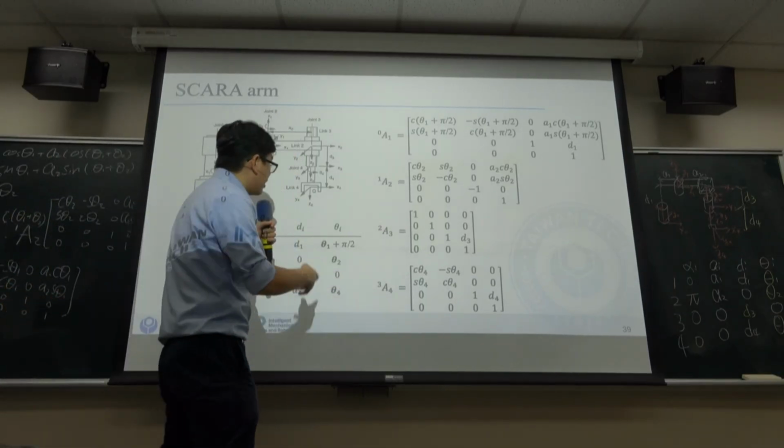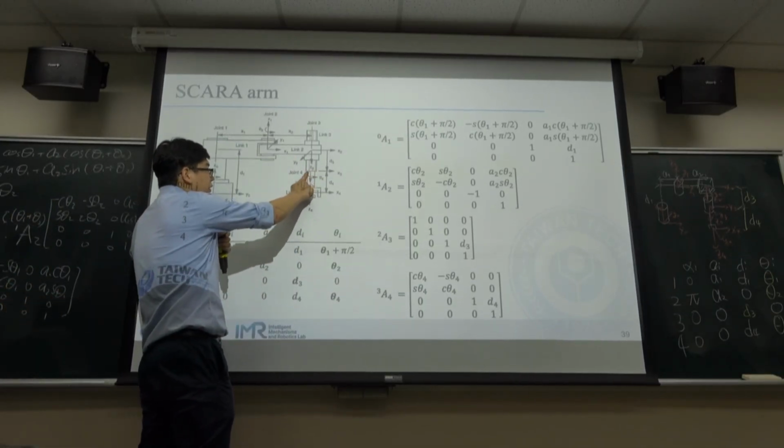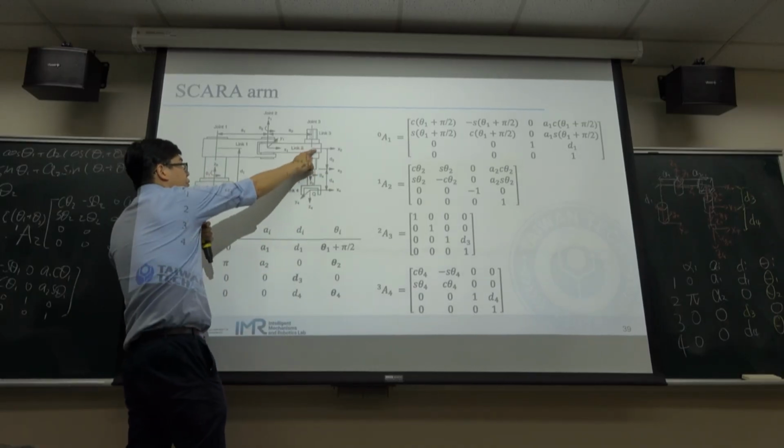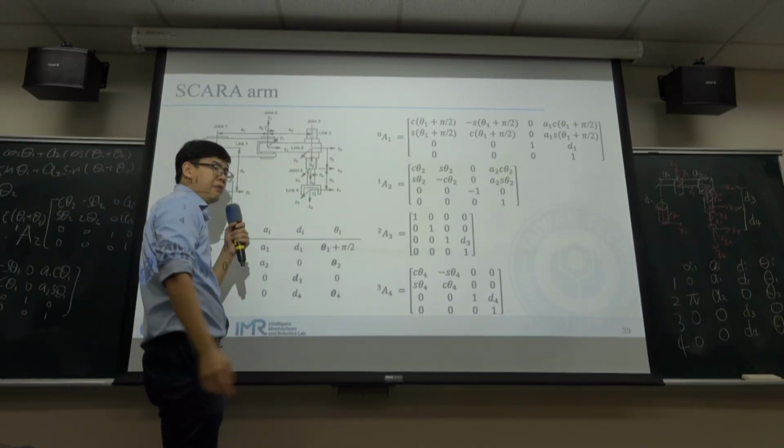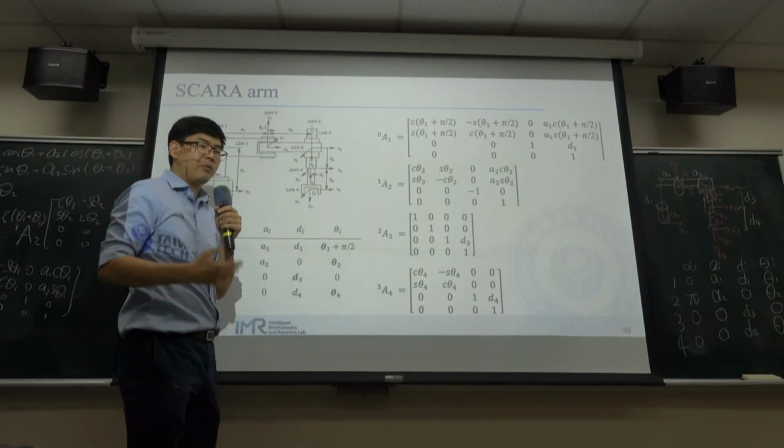And what if we want to get the position of the joint of link 3? How can we get the position of this?